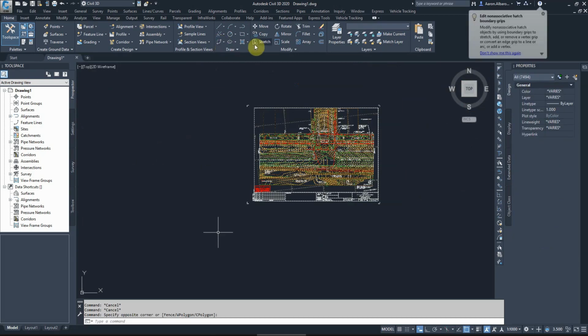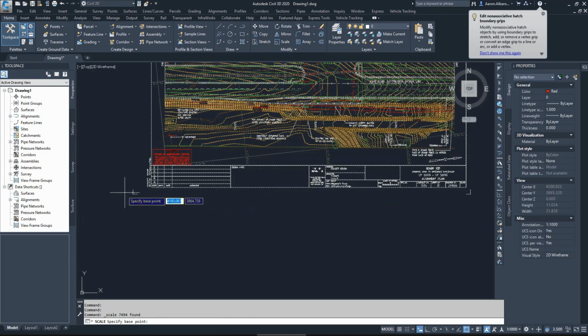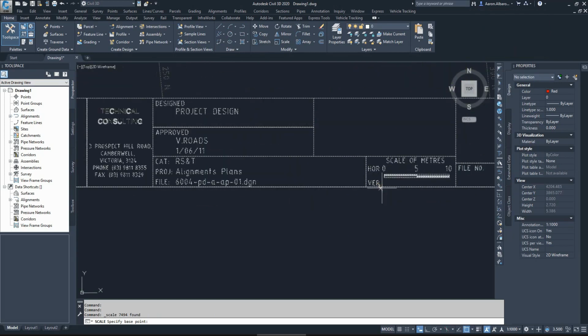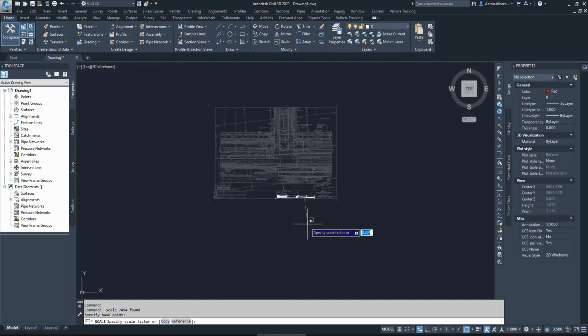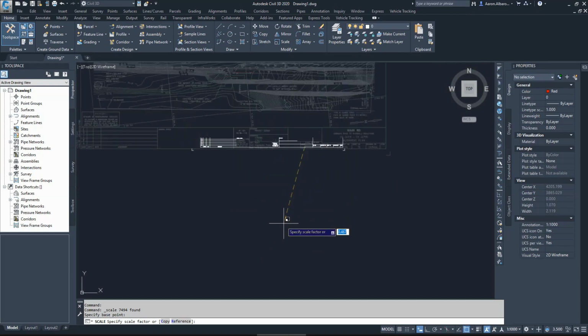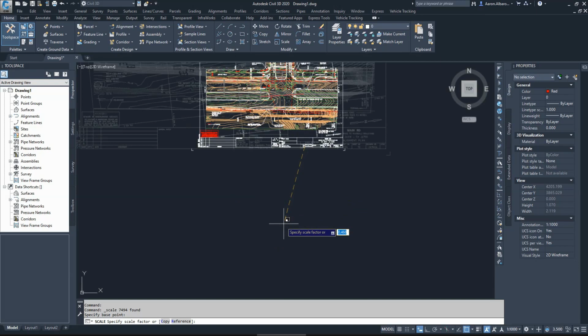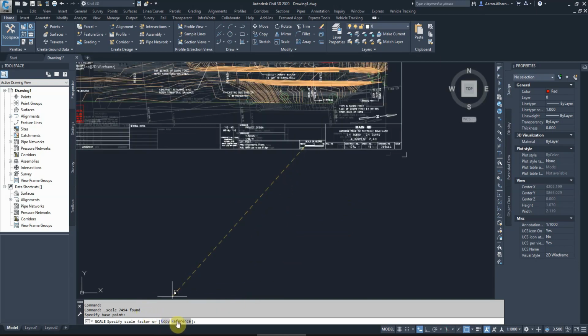I select the drawing and go to Scale. I scale from any point you like; I usually go to the point where the scale bar is. This is the base point for scaling. As you can see, the more I stretch the line, the more it scales up or down. But that's not the right way to do it. So what should I do? As you can see here, it's giving you an option for Reference.